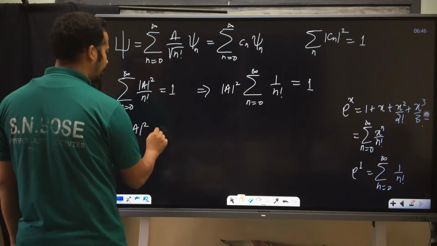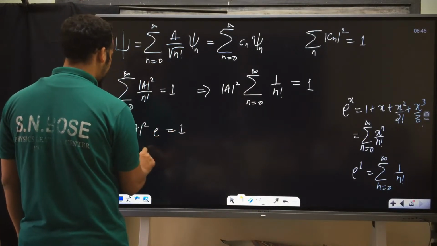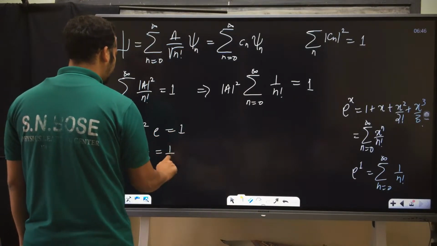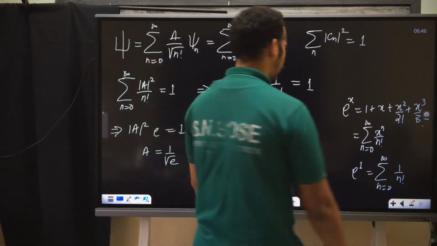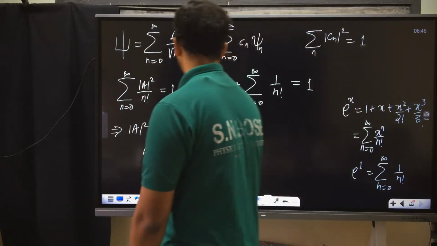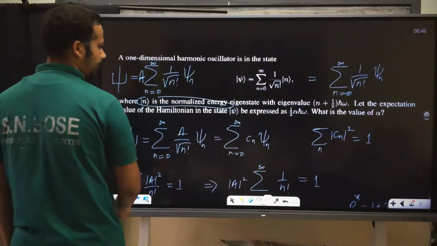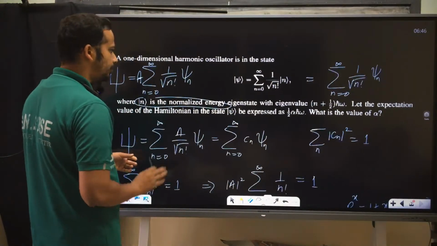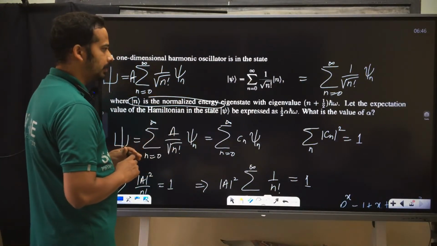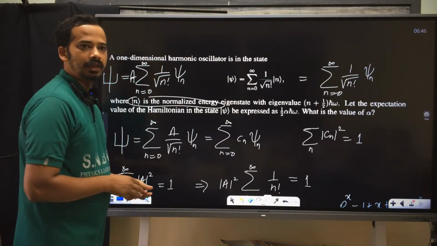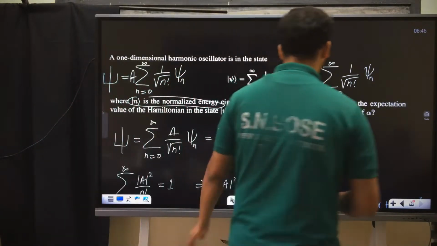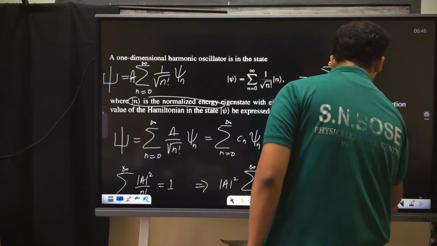This is e, so mod a square times e is equal to 1. That's why a is equal to 1 by root e. So now you got a normalized state. To do any probabilistic stuff, for any average value, you have to first normalize. Then what is it asking? Expectation value of the Hamiltonian, average energy, in a harmonic oscillator problem.